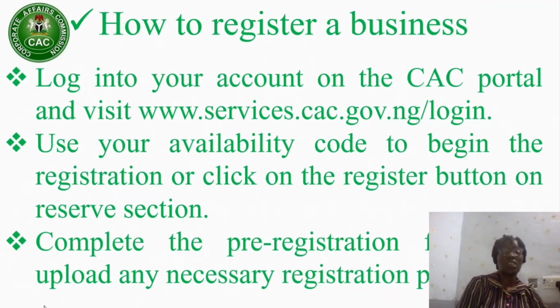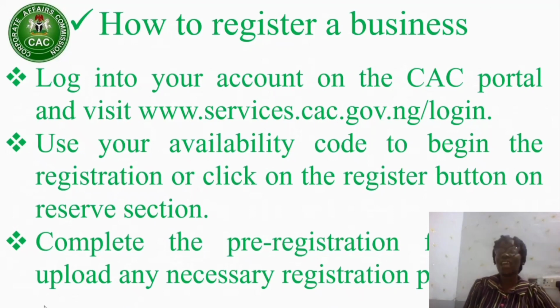So next is how to register a business. Look at the steps we've outlined here. Number one, log into your account on the CAC portal and visit www.service.cac.login. When you get to this portal, either you log into your account and use your availability code to begin the registration, or you click on the register button in the reserve section.